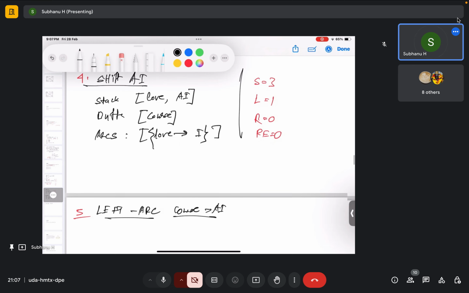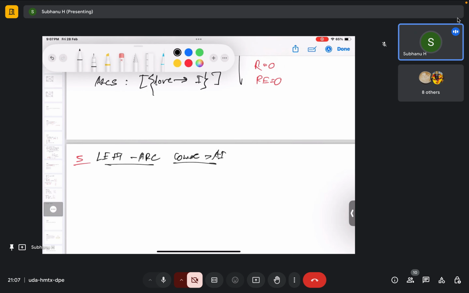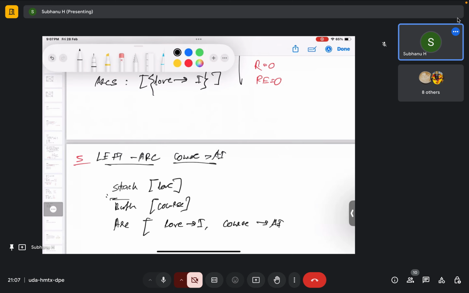Okay. That means that in my stack I have love. In my buffer I have course. So in my arcs I have love to I and course to AI.